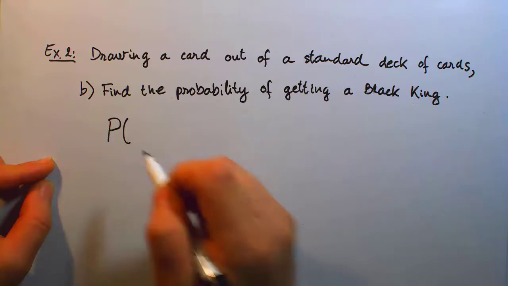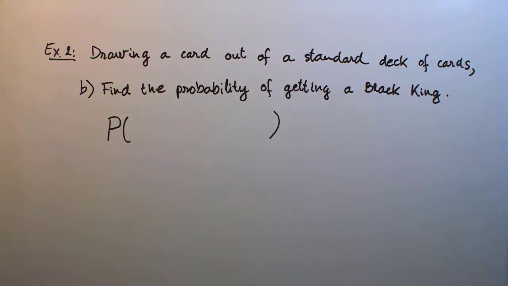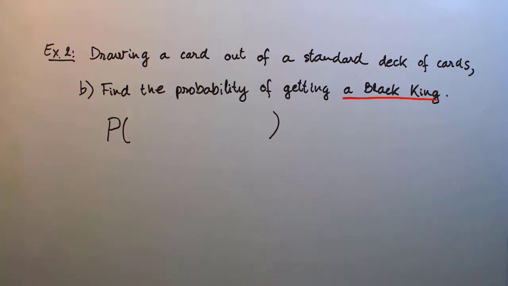And then the event we recognize here is getting a black king. What's mainly being asked for is the black king right here, and so that's our event. So now I'm going to put that inside my parentheses here.